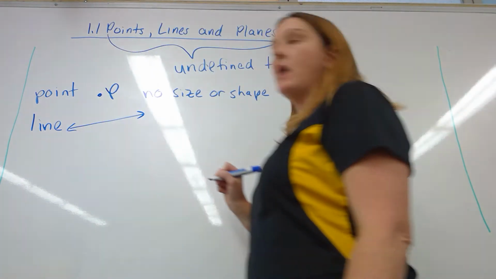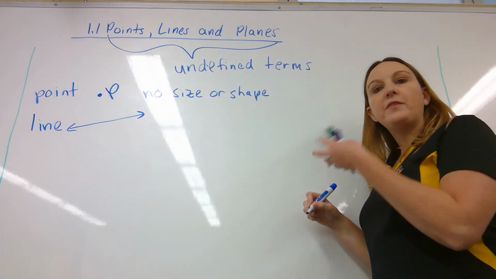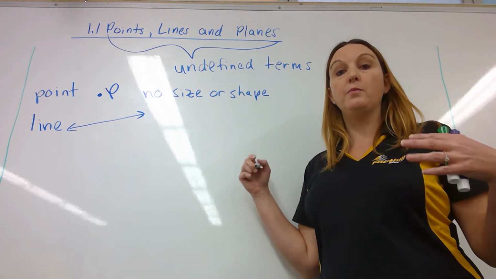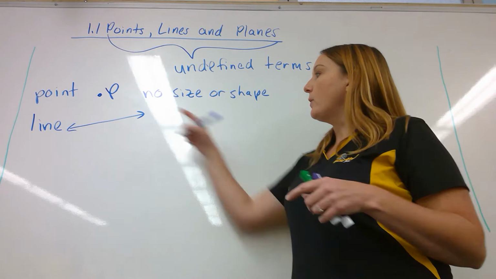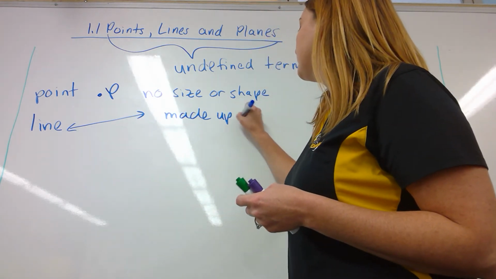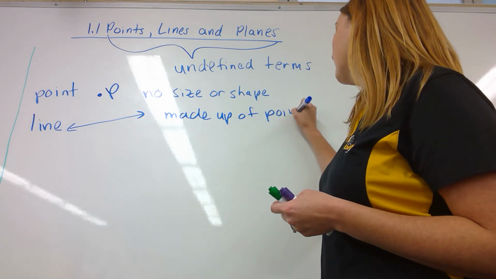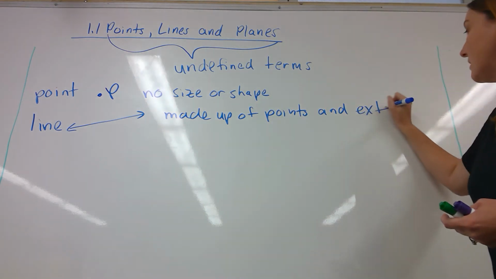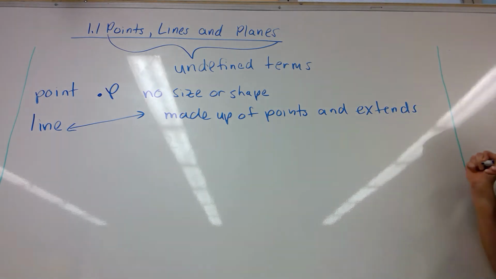And you remember what a line looks like? Remember that the arrows just mean that this will go on forever in both directions. So a line is made up of points and extends infinitely in both directions.